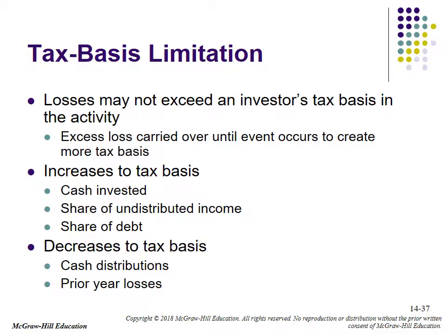The activity, the other passive activity that you just put $2,000 into, so that's your tax basis, reports to you a $4,000 loss. Well, what this is saying is that you're only allowed to take the loss to the extent of your basis, which would be $2,000.